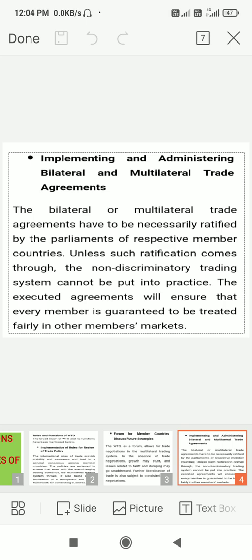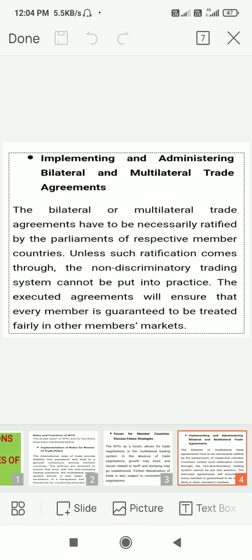After that, another one is called implementing and administering bilateral and multilateral trade agreements. Bilateral means two sides and multilateral means many sides. When negotiation is going on between two parties, it is called bilateral, and when it is more than two, that is called multilateral trade agreements. It is the function of WTO to implement these agreements, and also to administer them.